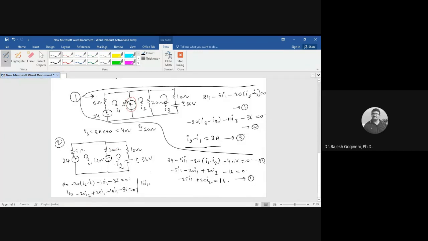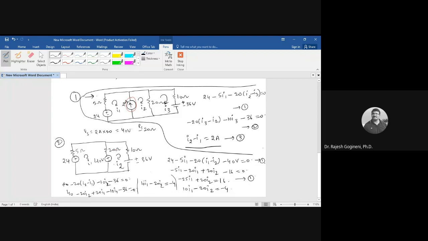So 10I1 minus 20I2, here 40 minus 36 is 4. That is a minus 4. So the second equation is 10I1 minus 20I2 is equal to minus 4. Right? The second one is 40 minus 20 into (I2 minus I1) minus 10 I2, not I1 this.